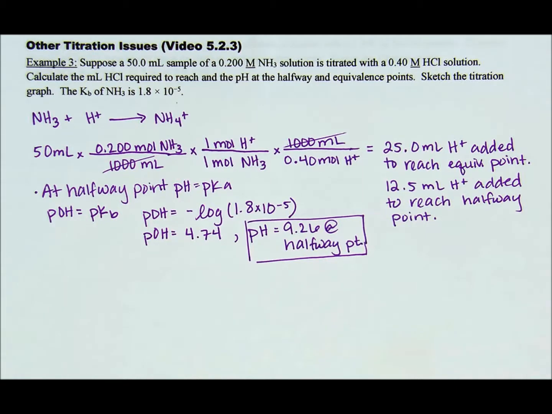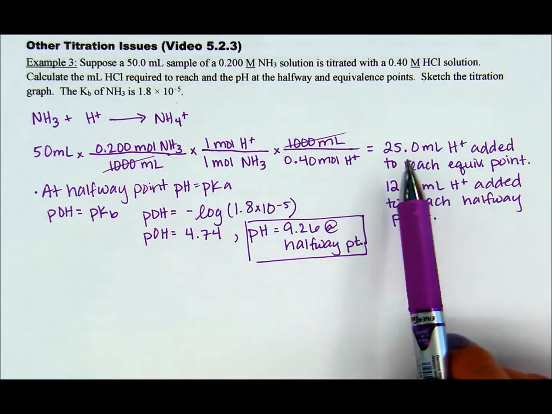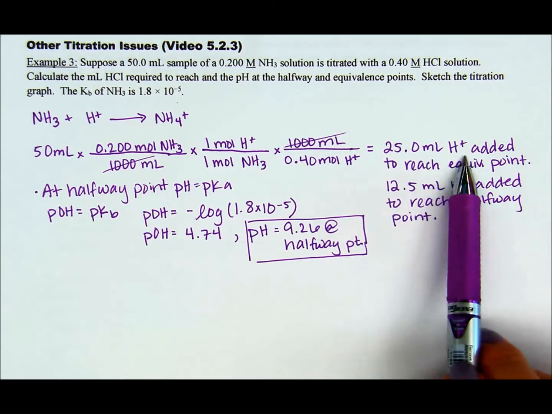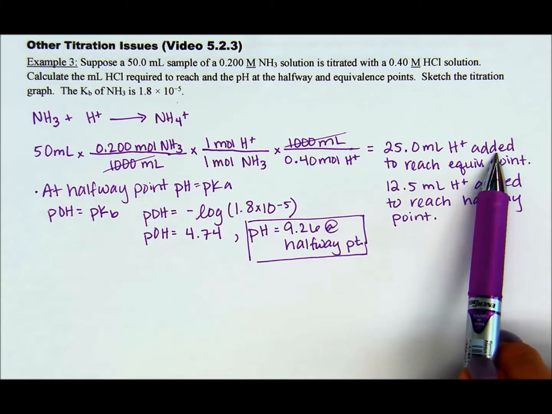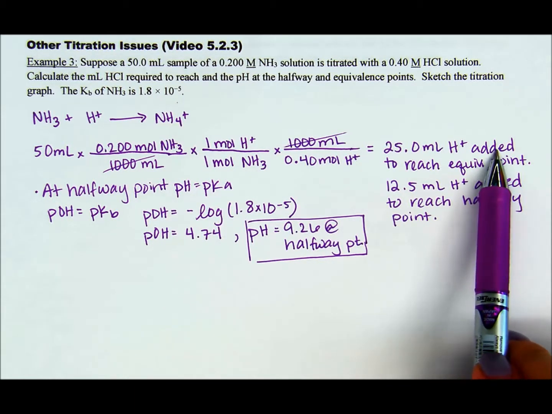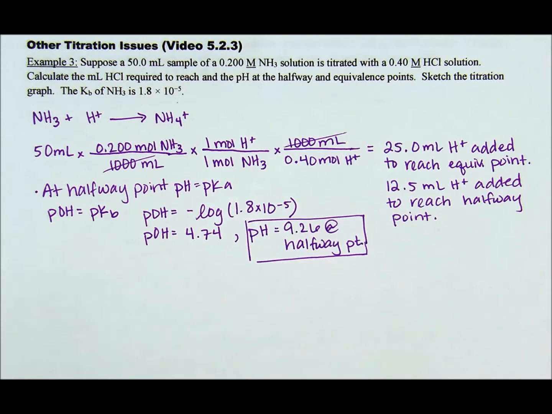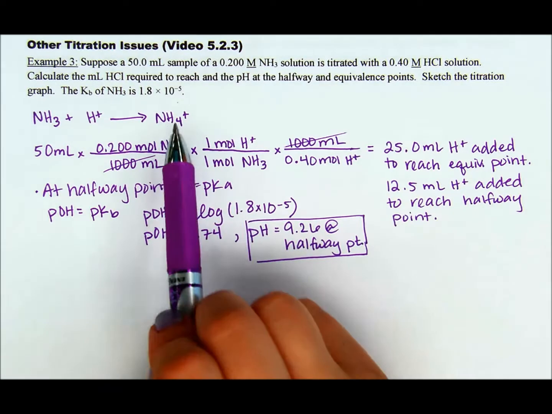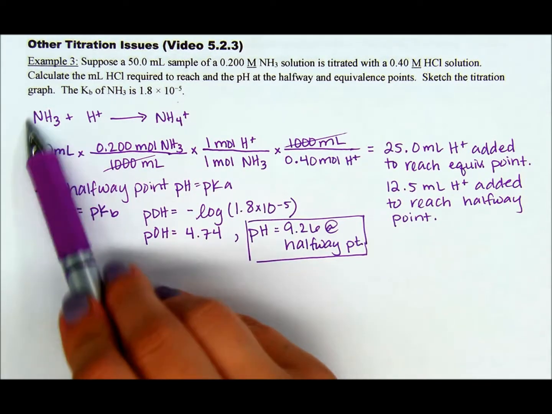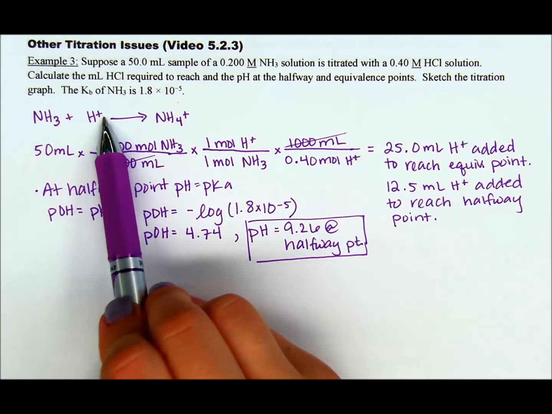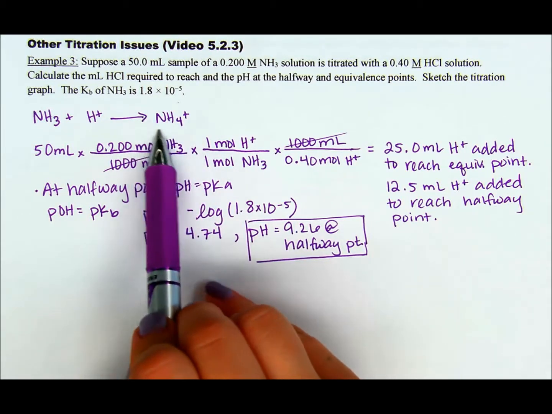All right, next, at our equivalence point, we've needed to use 25 milliliters of acid added. The only thing left to calculate here is the pH at our equivalence point. So at the equivalence point, you've titrated all of your weak base, so that means the only thing you have left is the conjugate acid. So you've titrated all your ammonia, you've added just the right amount of hydrogen ions, and now the only thing you have in solution is NH4+.